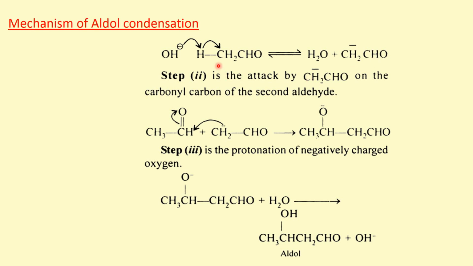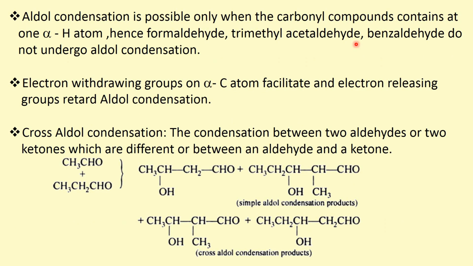Whereas if this alpha carbon atom is attached to an electron releasing group, the reverse effect occurs and this carbanion is not formed so easily. So, an electron releasing group retards aldol condensation.